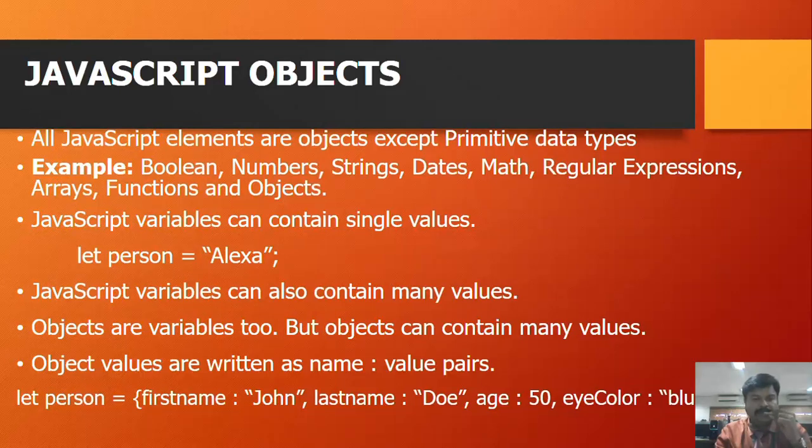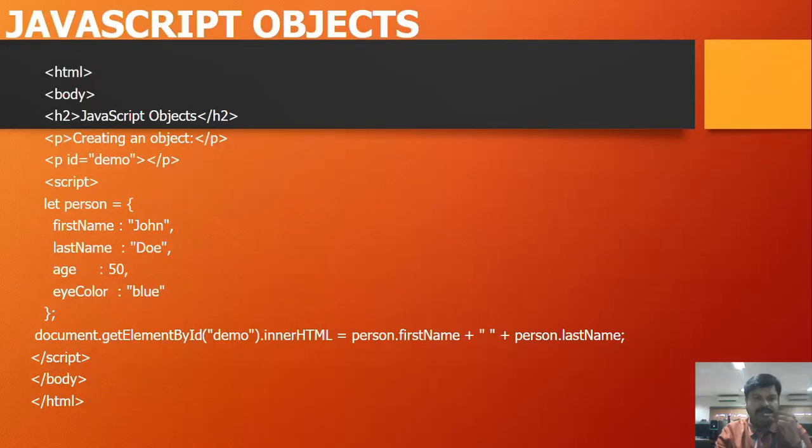So let person equal to first name colon John, last name colon Dove, age colon 50, eye color colon blue. Here you can see several name value pairs given for a single object.